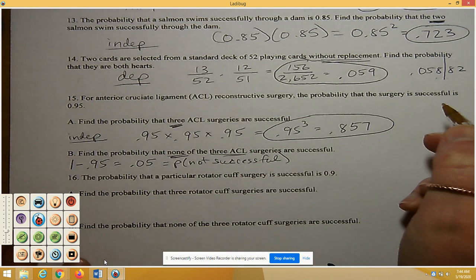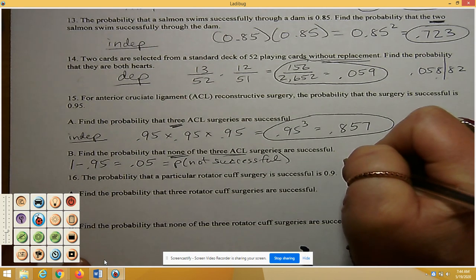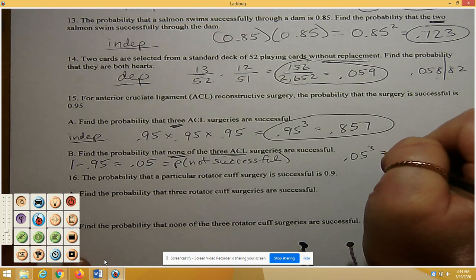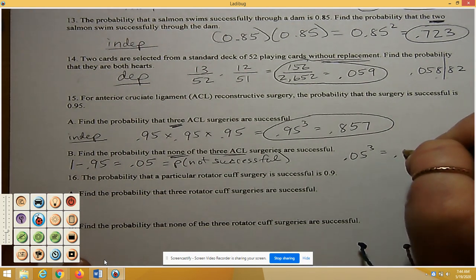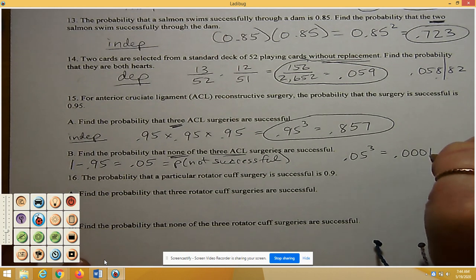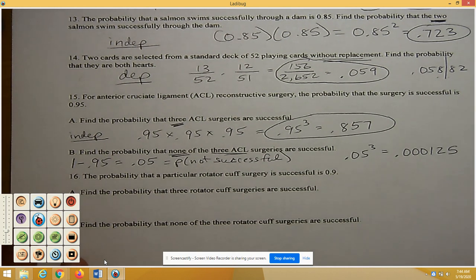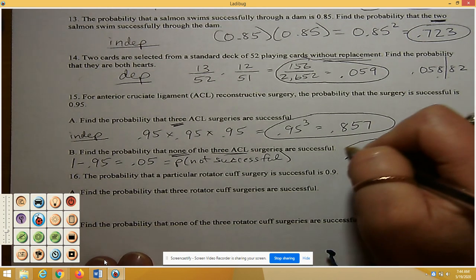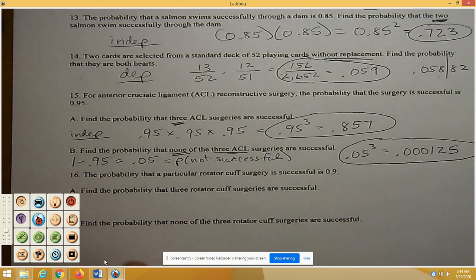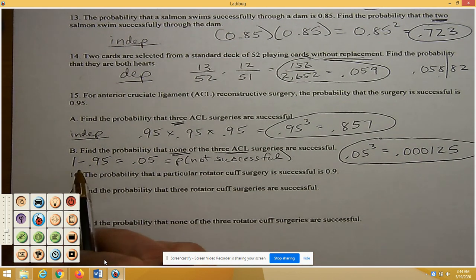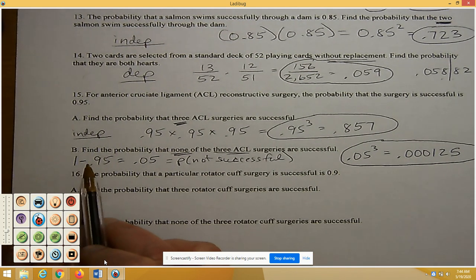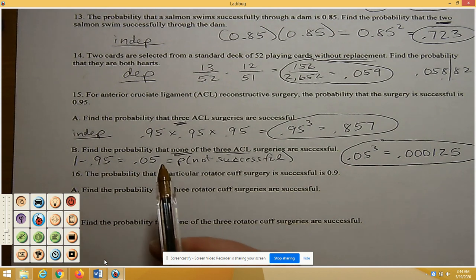Okay, but we have 3 that are not successful. So that's going to be 0.05 to the third power. And when we multiply that out, I'm going to include the zeros here just because otherwise your probability would be 0.000 and it's not specific enough. So I do want to kind of go out 3 digits after the zeros. So this is using my complement. When you use that concept of 1 minus the probability, that's called the complement.